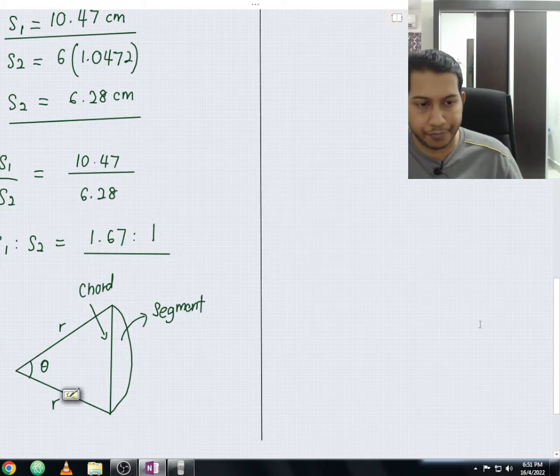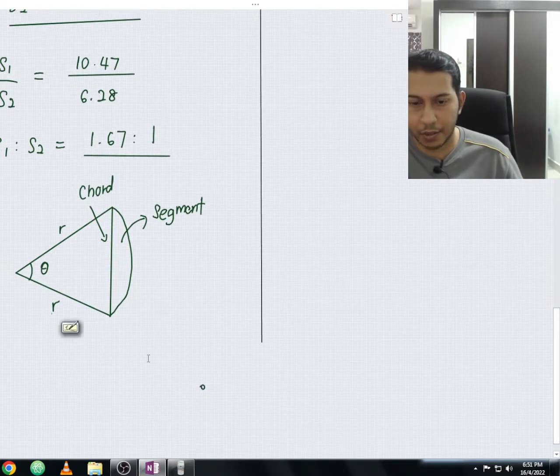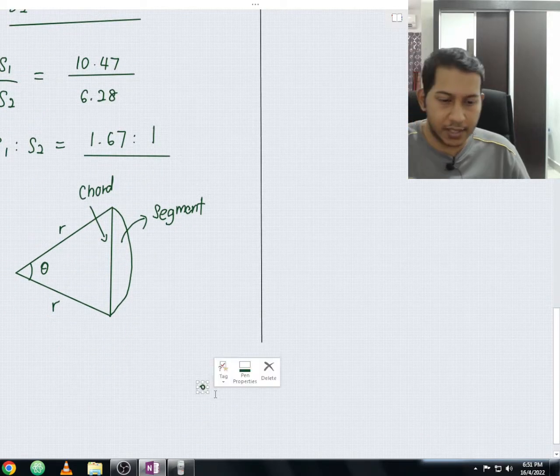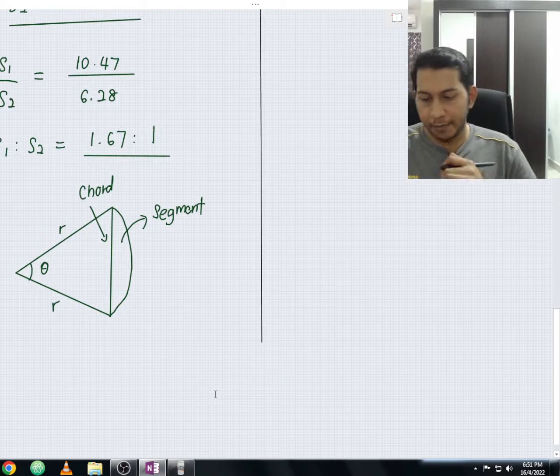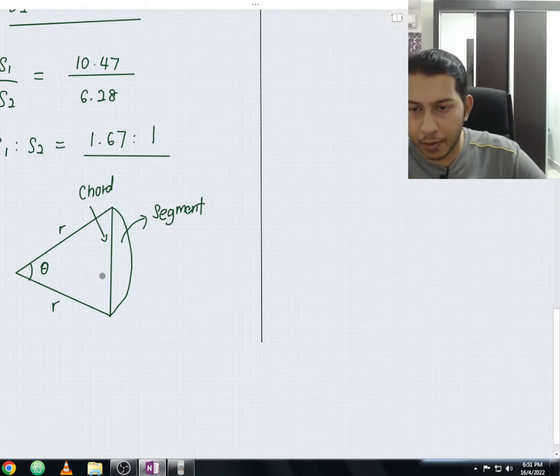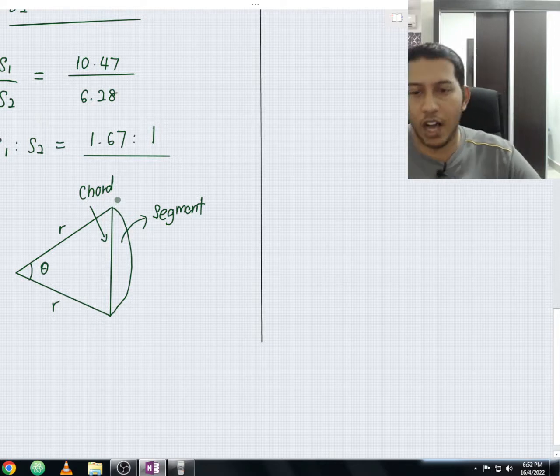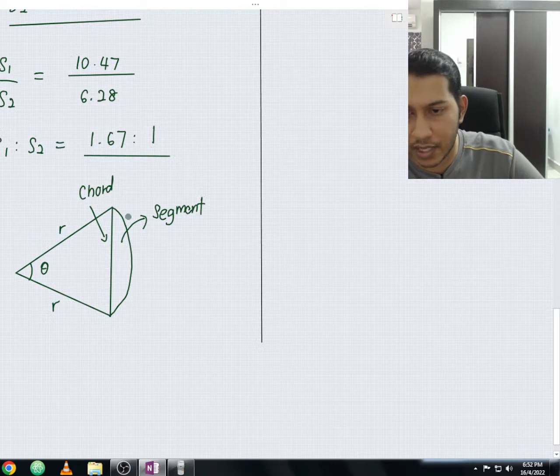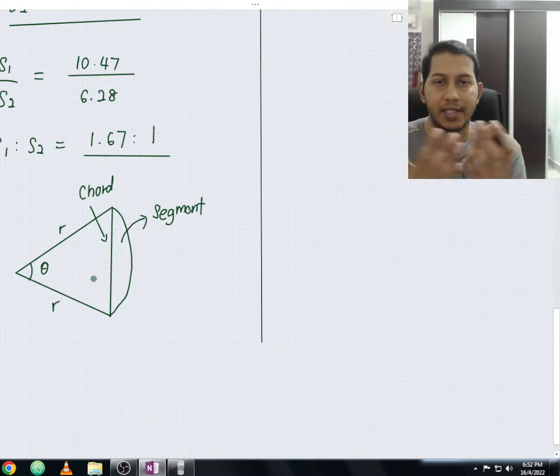So from here, let us continue to our next concept: the formula to find the perimeter of a segment. So how do you find the perimeter of the segment here? What is a segment? Consider the external length.